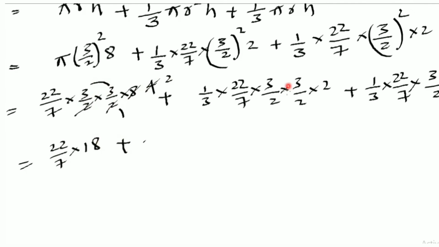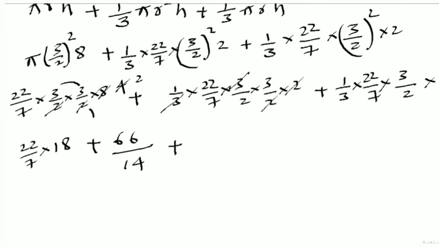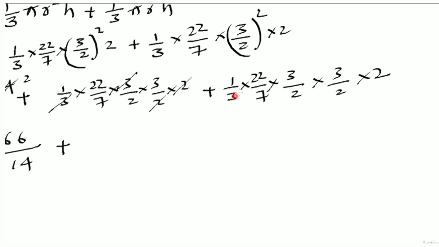Plus, 2 2 cancel, 3 3 cancel, 22 threes are 66 by 7 twos are 14. Then plus same thing happens here, so it cancels.